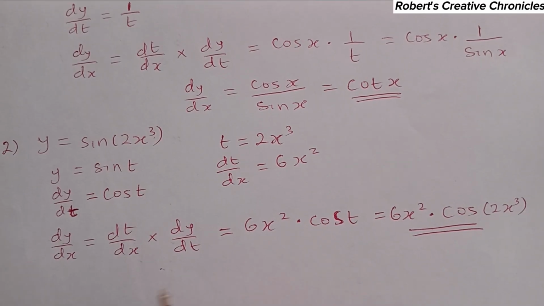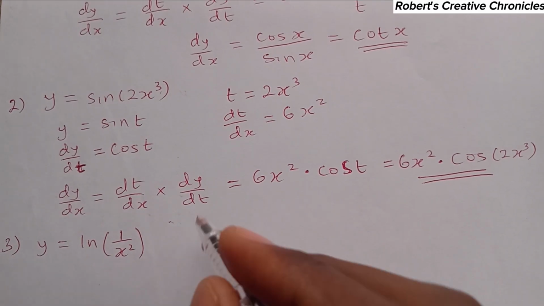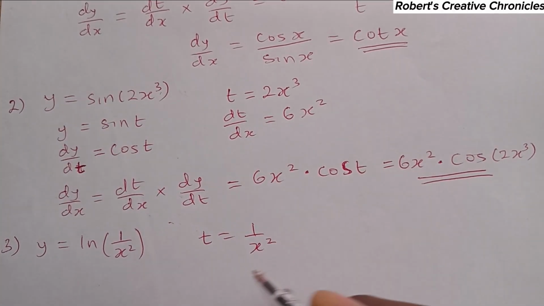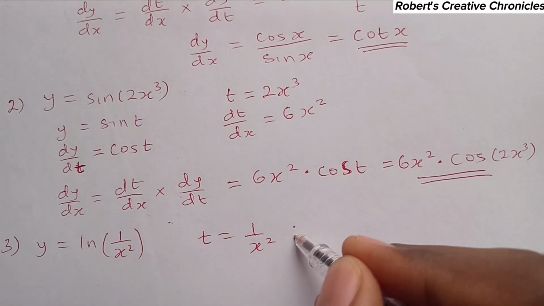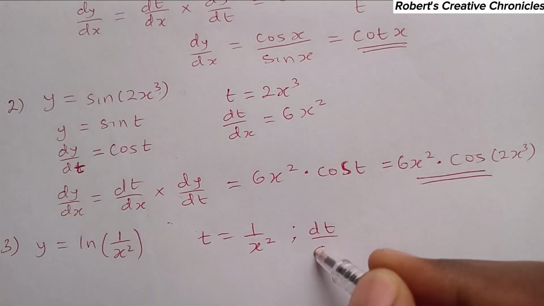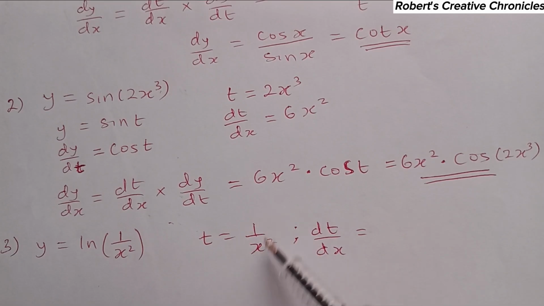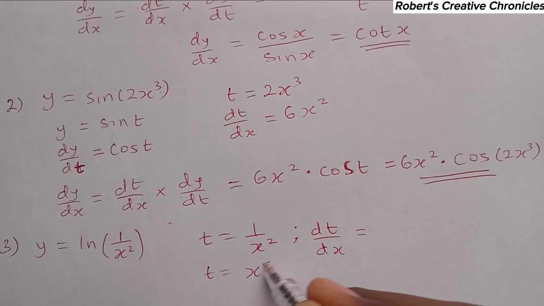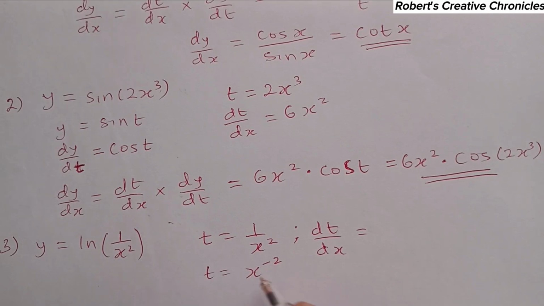So now let's move to the third one. So here's the third one. Now we'll substitute the core. t is equal to 1 over x squared. Then dt over dx is what? Now, before we differentiate this, you know that this t can also be expressed as t equals x to the power of minus 2. So now, the derivative of this is what?